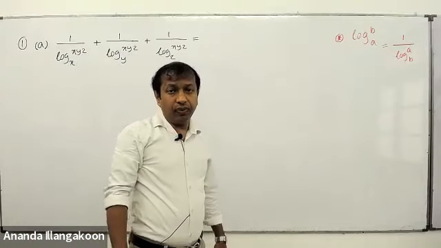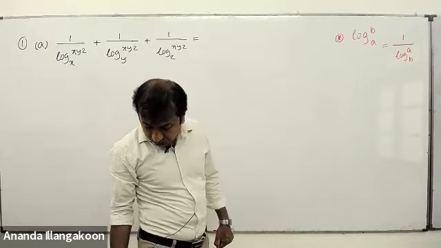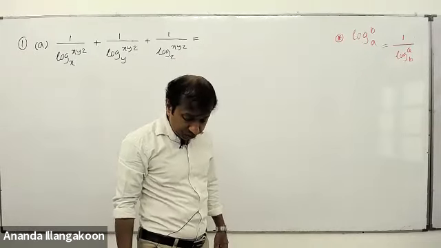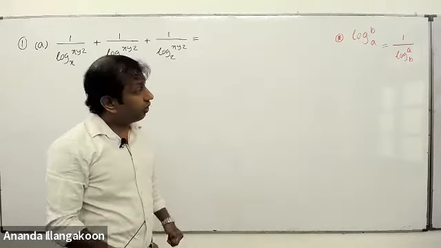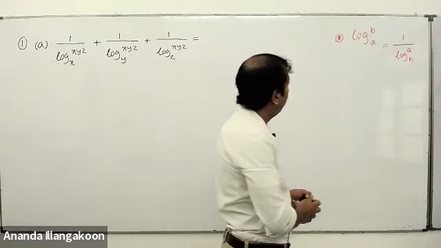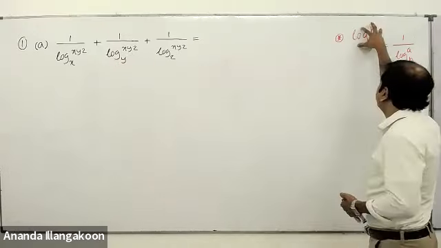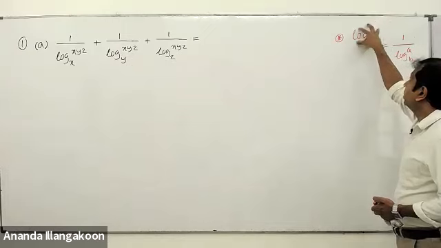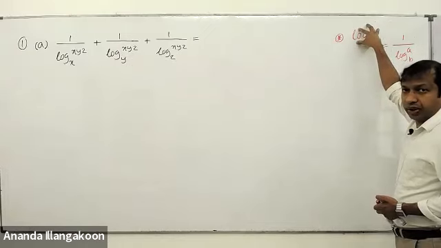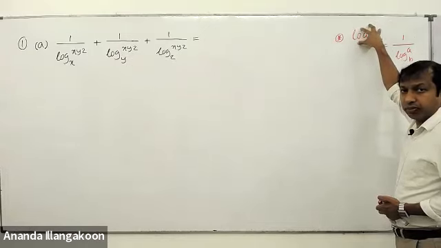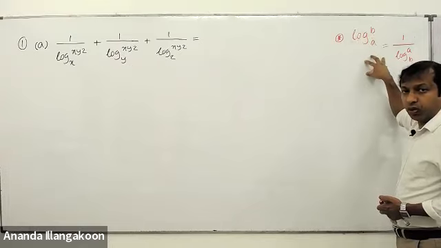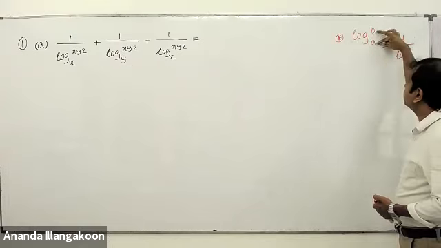This result, people, let's see how to use. If a certain log term is available at the numerator, you can write the same log term in the denominator, exchanging these two values.